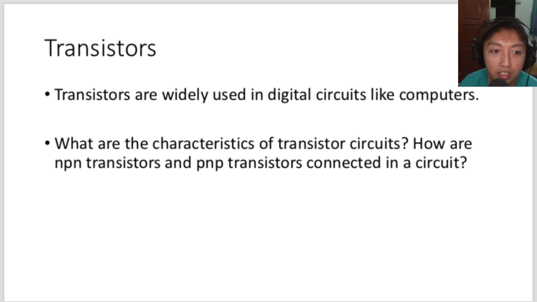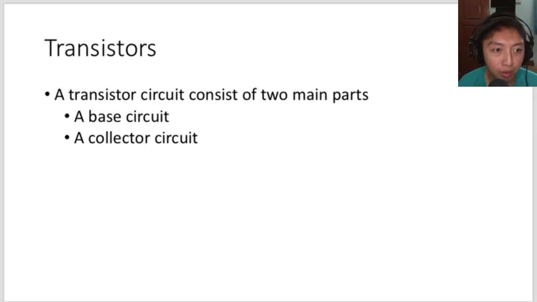What are the characteristics of transistor circuits? And how are NPN and PNP transistors connected in a circuit? So how do they work and how do we use them? The first thing that you need to understand is that a transistor circuit consists of two main parts. We have a base circuit and we have a collector circuit.